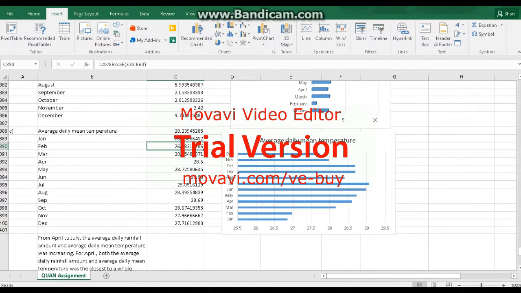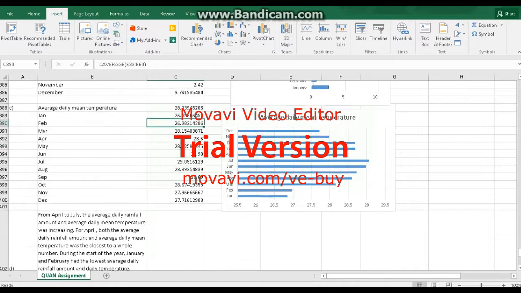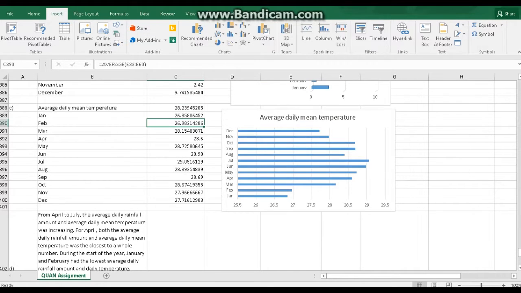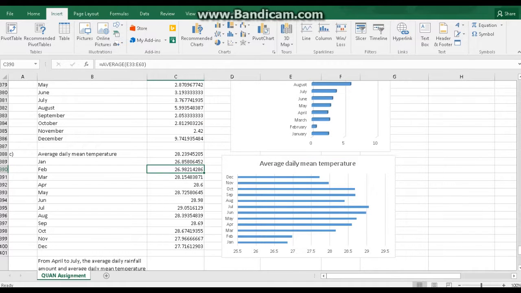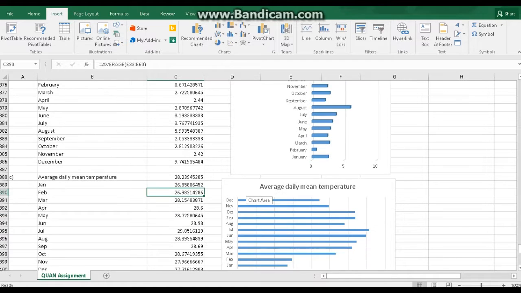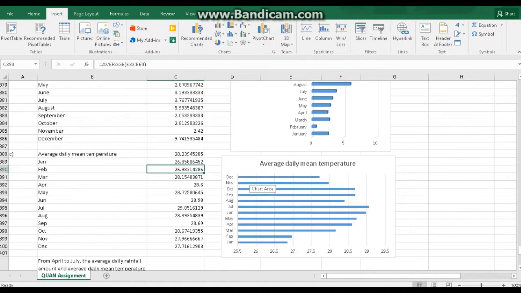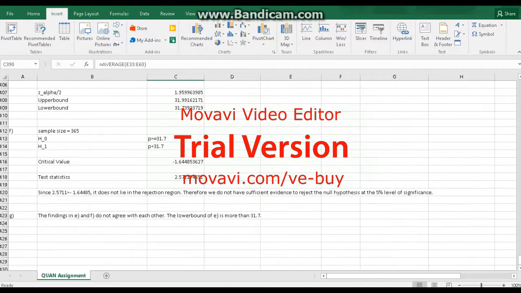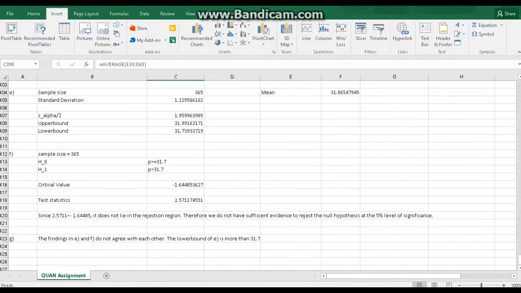This one has only 2 decimal places, this one only 1 decimal place, so this shows that the data recorded was more consistent. And at the start of the year, January and February, their data was one of the lowest compared to other months, for both the average daily mean temperature and rainfall amount.